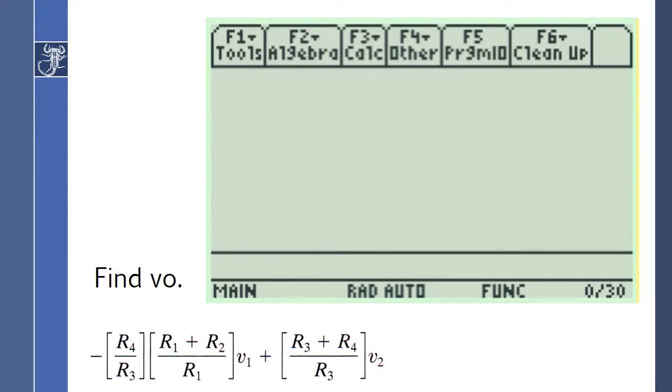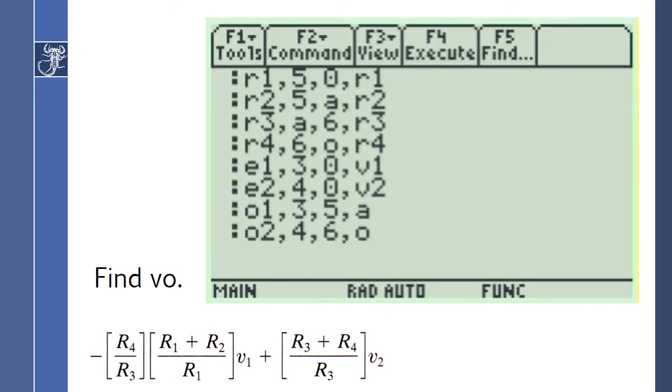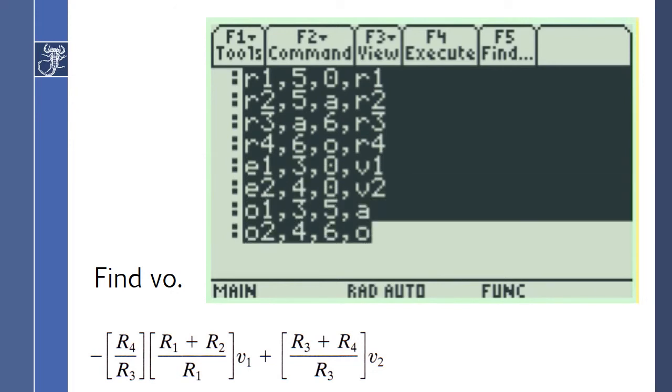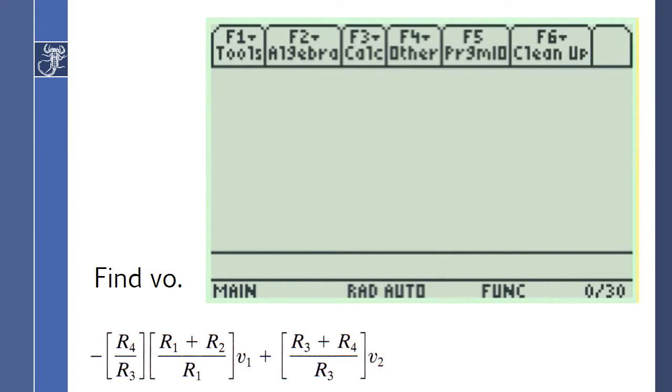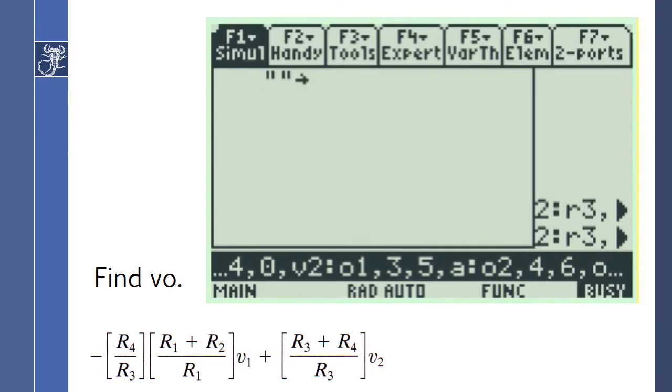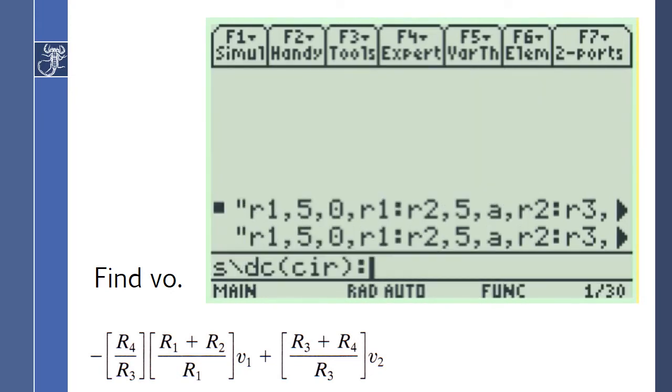So let's simulate this circuit in DC and find the voltage in node O. Here is our circuit description. We copy it, we're going to paste it between the quotation marks, store it in a variable, and then we run the DC simulation.